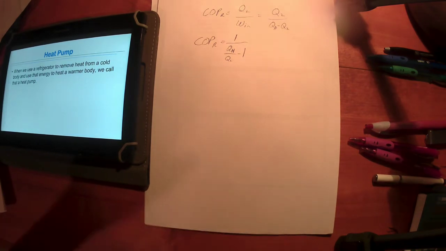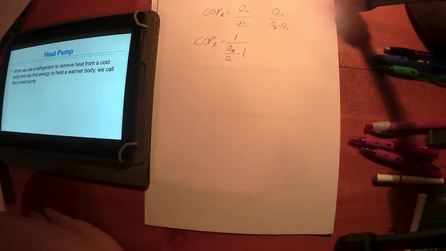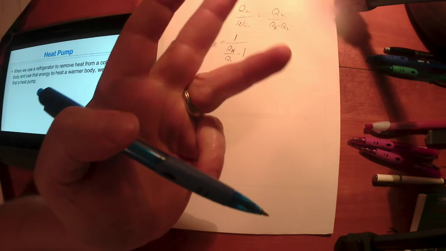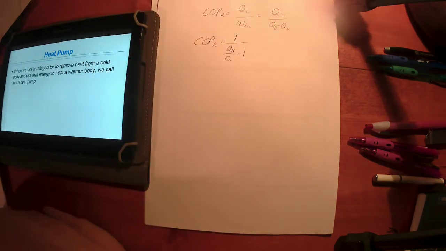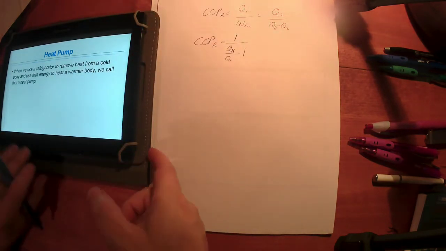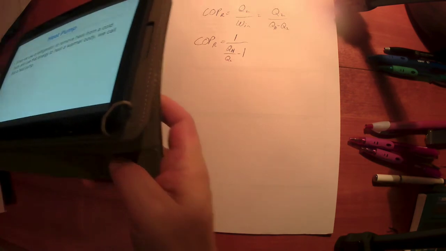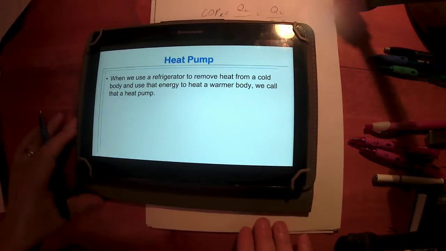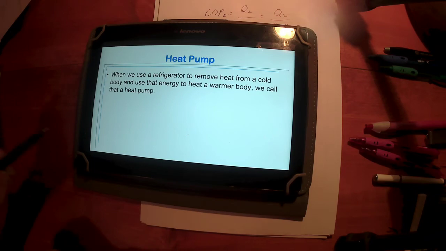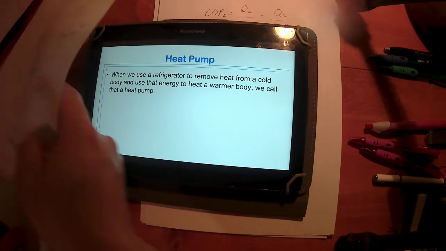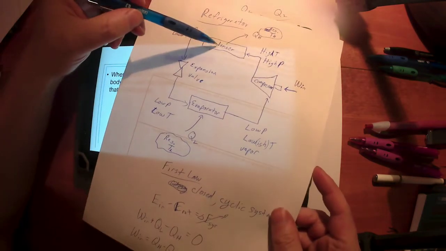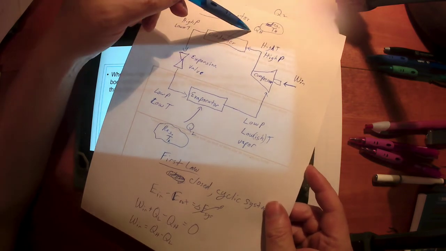So let's talk about the 3 cyclic devices we want to talk about: heat engine, refrigerator, and then let's talk about a heat pump. So what is a heat pump? Just like I told you guys earlier, if you walk by the outside coils of that condenser, what do you feel? You feel this heat coming off of those.